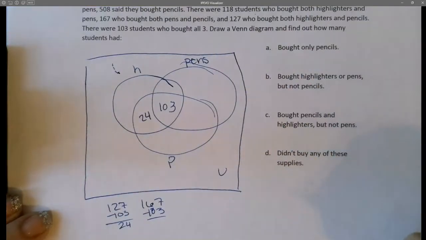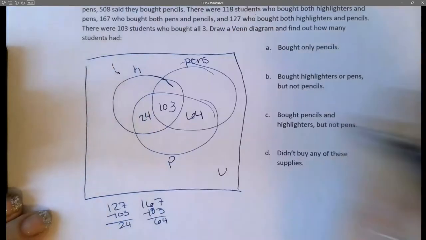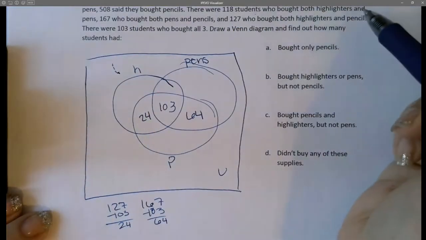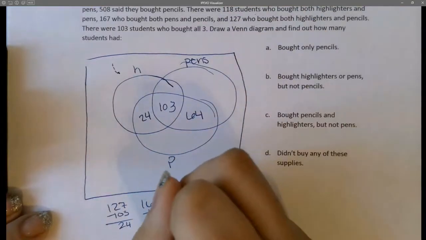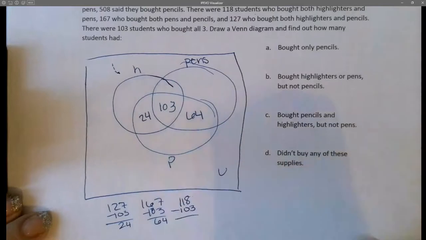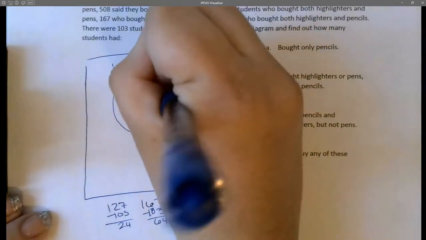So 167 minus 103 is 64. So that goes in this overlap. Then it says 118 bought highlighters and pens. So that is going to give me 15 for this overlap.